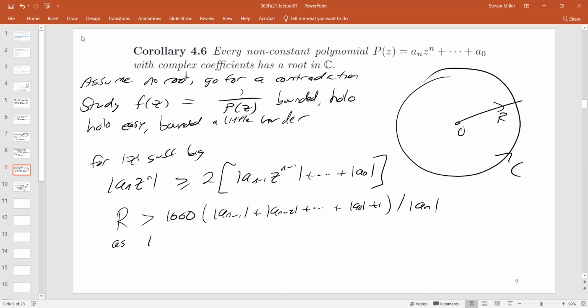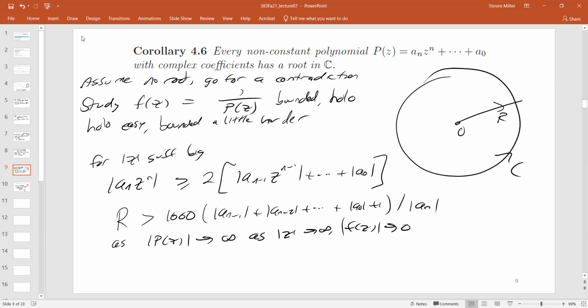So as the absolute value of z goes to infinity, the absolute value of p of z goes to infinity, and then the absolute value of f of z goes to 0. And so now we have a continuous function. If you choose R, a continuous function on a closed bounded set, a continuous function on a compact set. What do you know about a continuous function on a compact set?